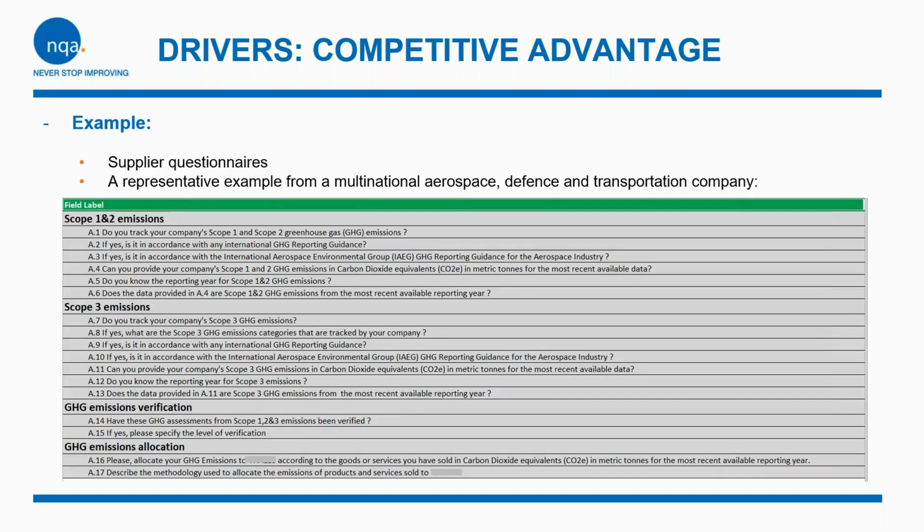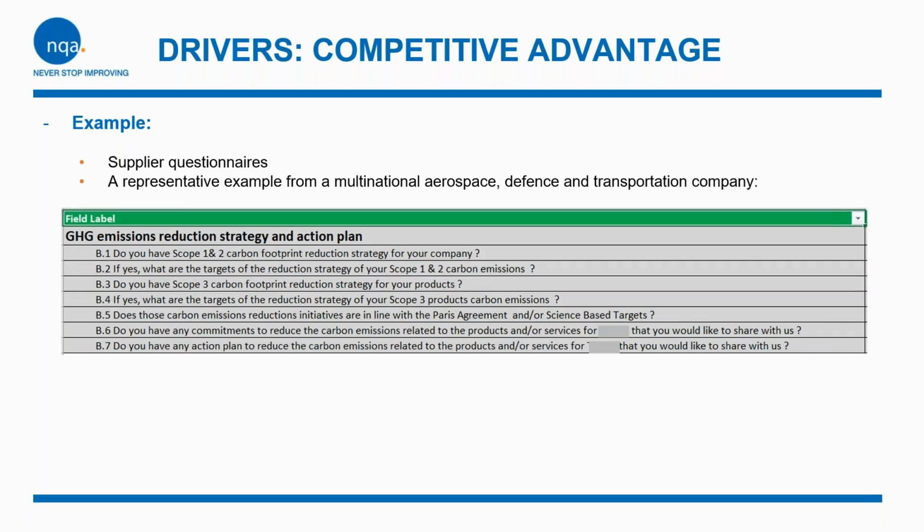They're also asking whether they've been subject to external third-party verification, such as NQA can provide, and also what the greenhouse gas emission allocation is to the particular products and services which the supplier is providing to this particular aerospace and defence and transportation company. And then it goes on to ask for detail around what the carbon reduction strategy is for the business. Have they set science-based targets, for example?